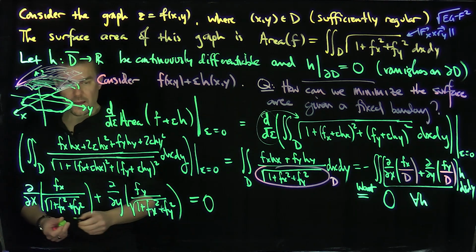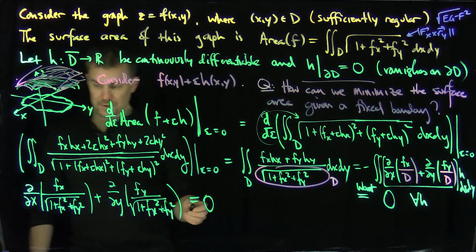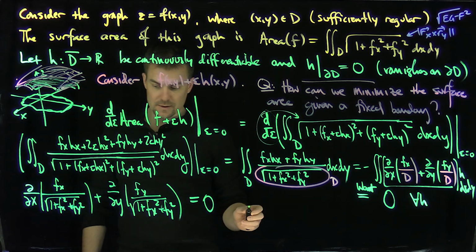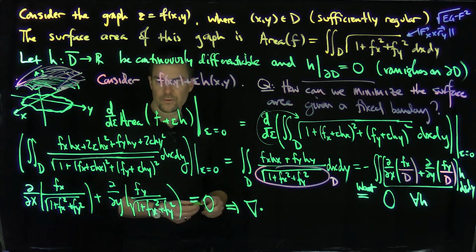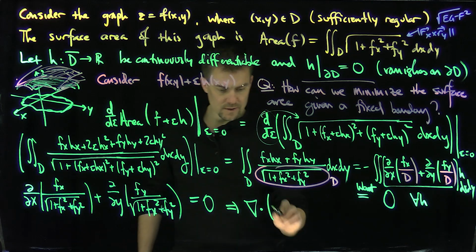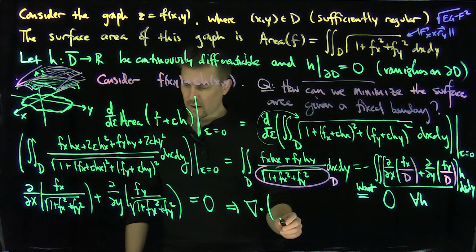And so what we really see is this is just the gradients. This is the divergence of the gradient of f over the square root of 1 plus the gradient squared.